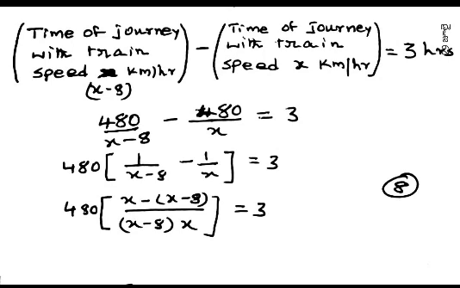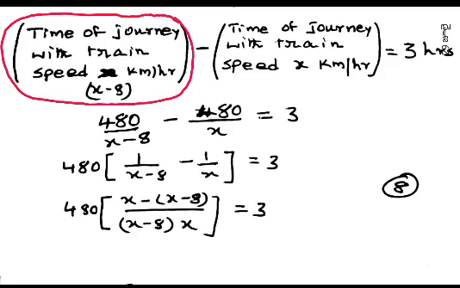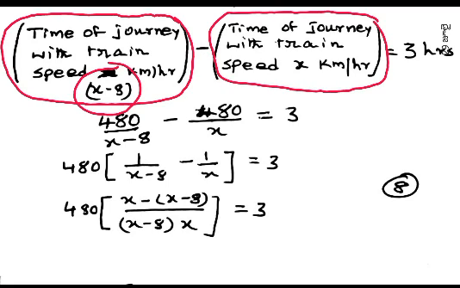This is the time taken by the train to cover 480 kilometers with speed x minus 8 kilometers per hour, and this is the time taken to travel 480 kilometers with speed x kilometers per hour. The difference is 3 hours.